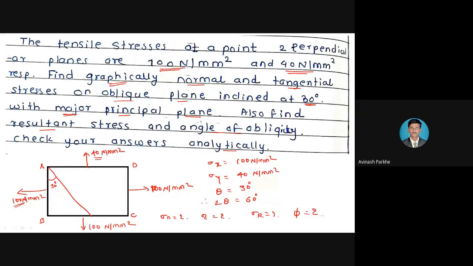But we have to solve this problem graphically. For case 2 we have the list of formulas, the sigma n formula and the sigma t formula are available, but we have to solve this problem by using the graphical or Mohr circle method. From this statement it is also observed that both stresses are positive: sigma x is positive, sigma y is positive.